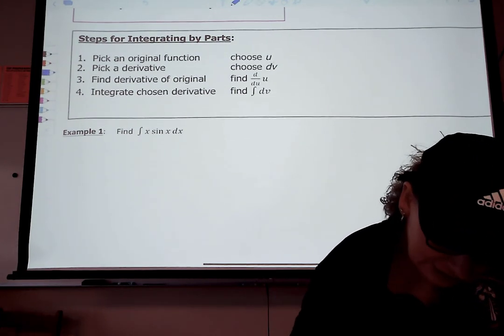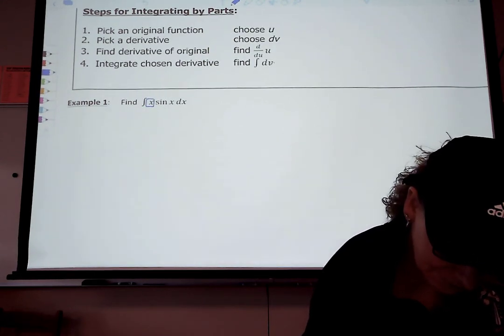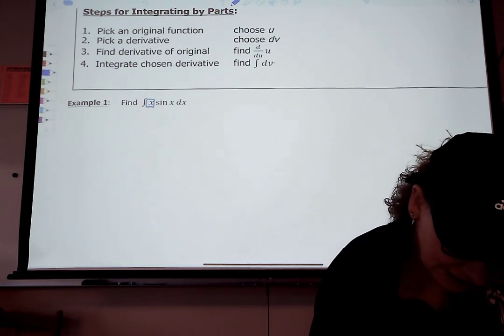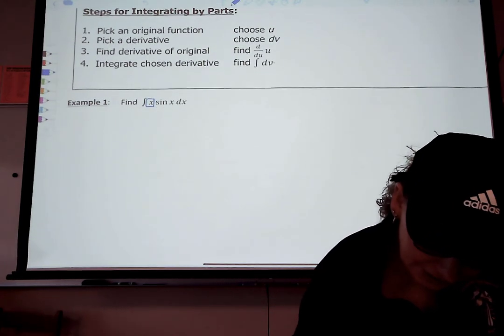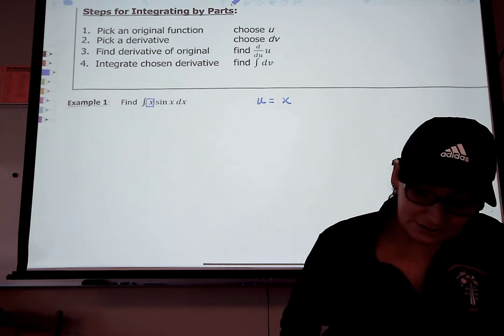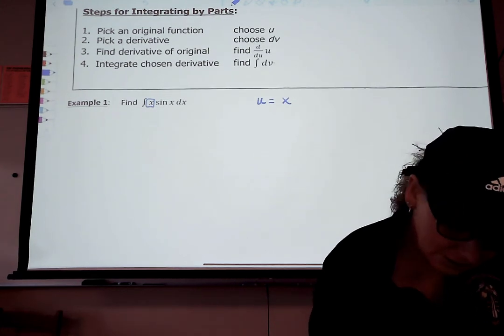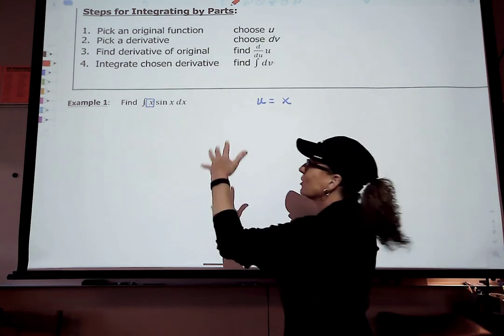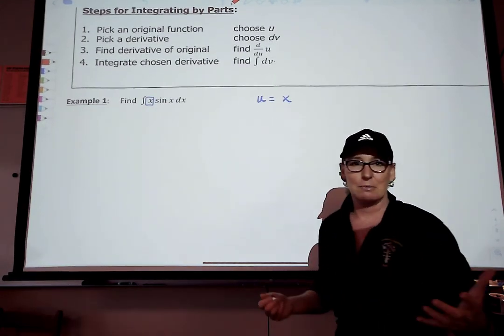So I'm going to say I've got two things being multiplied together. I have an x and I have a sine x. So I'm going to pick a u. I'm going to let u be my x. And then step 2, I need to pick a dv. So basically, whatever I choose for x, everything else that's left has to be my dv.